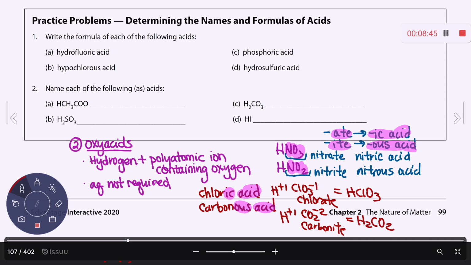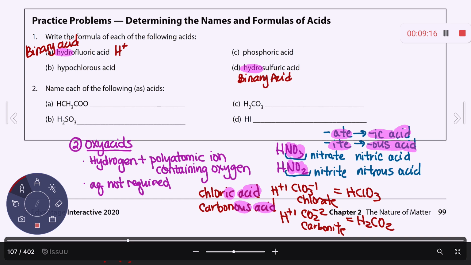So do you want me to do a few more practice problems with you here in your book? Okay. These practice problems are a mix. If you take a look at number 1, A has got hydro and D has got hydro. That means A is a binary acid and so is D. That should help us with writing their formulas because binary acids are only made of hydrogen and some other nonmetal.